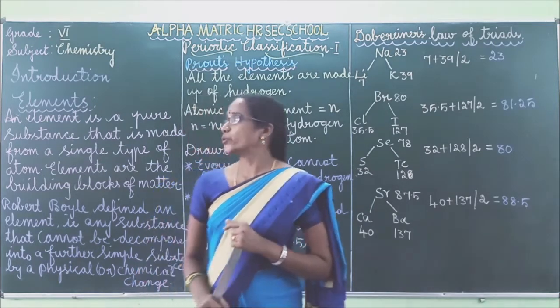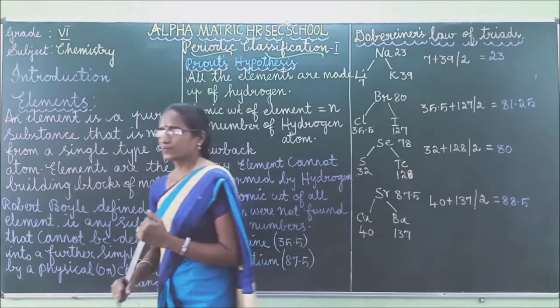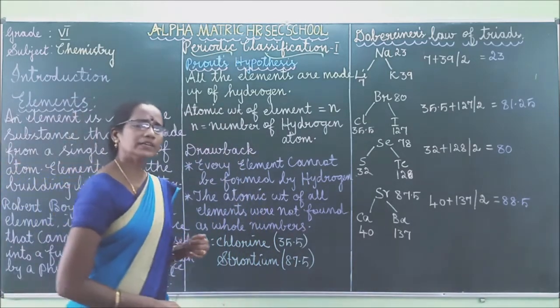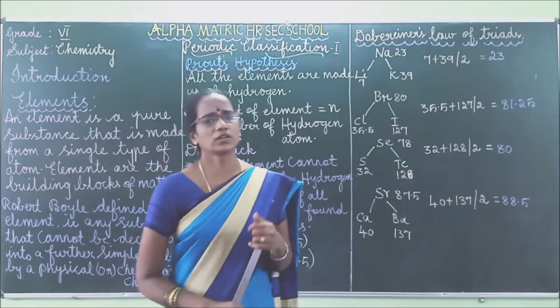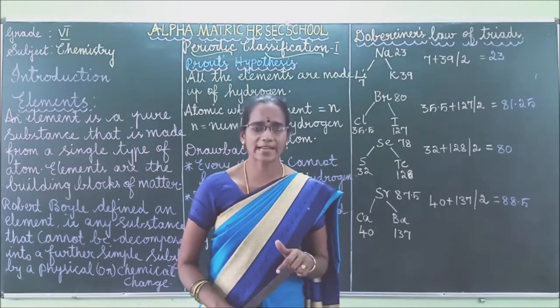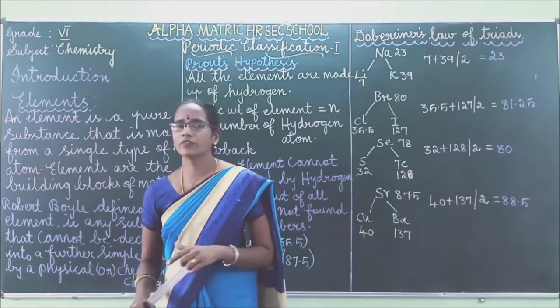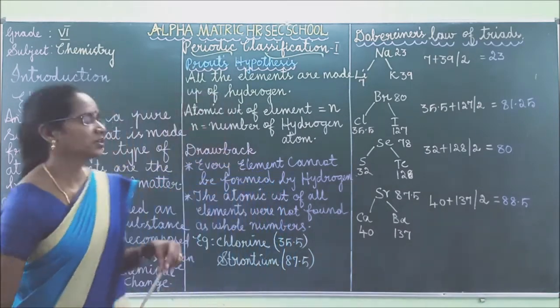Next we can move to elements. What do you know about an element? An element is made of one kind of atom. Element is the building block of matter, right? Yes.